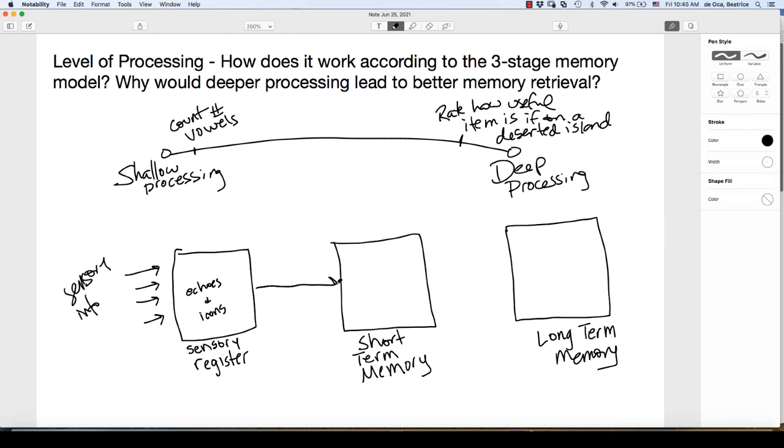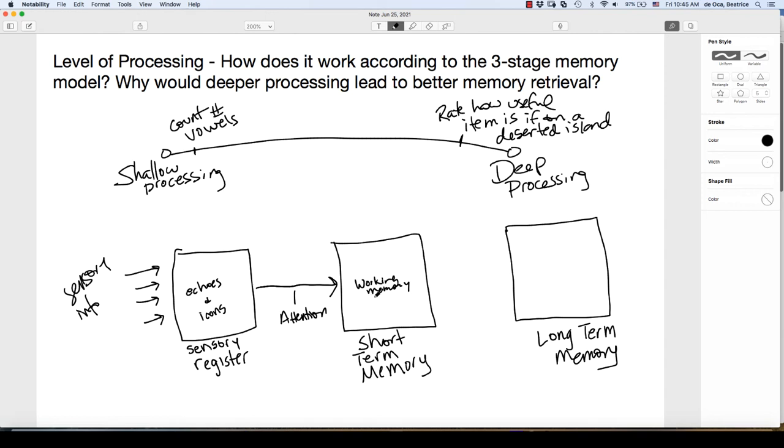Now, if we focus attention on any of these items, we can then become consciously aware of it and bring it into short-term memory, where we have the processes of working memory.